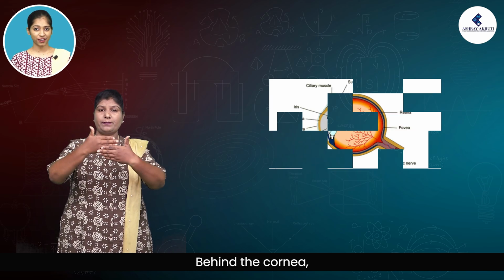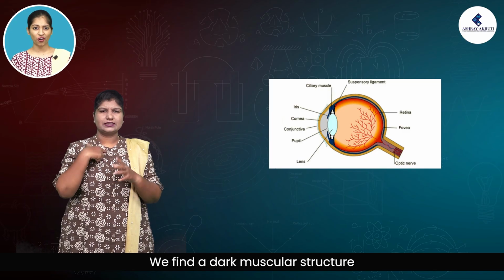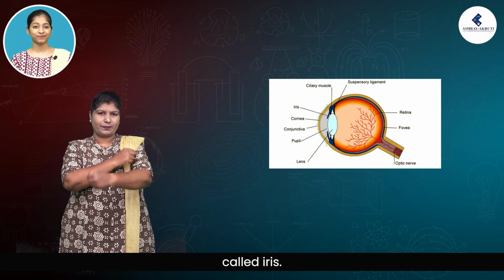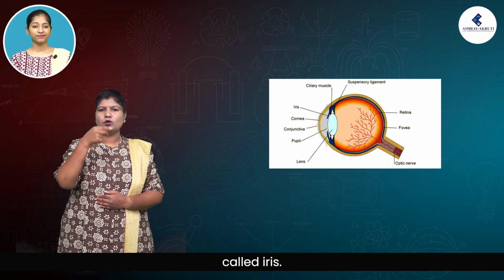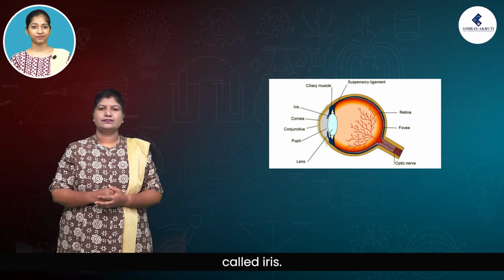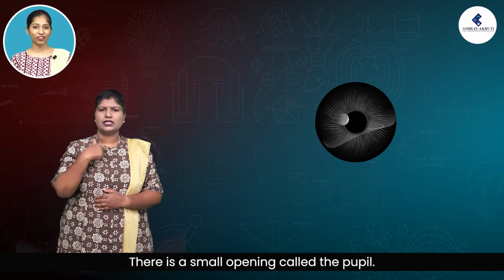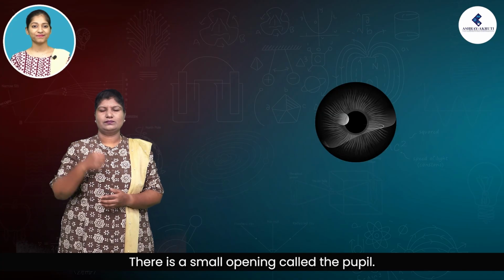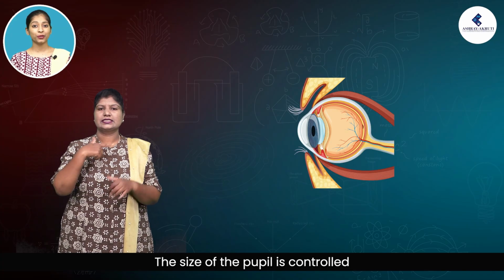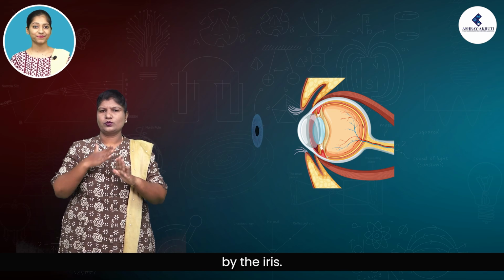Behind the cornea, we find a dark muscular structure called iris. In the iris, there is a small opening called the pupil. The size of the pupil is controlled by the iris.